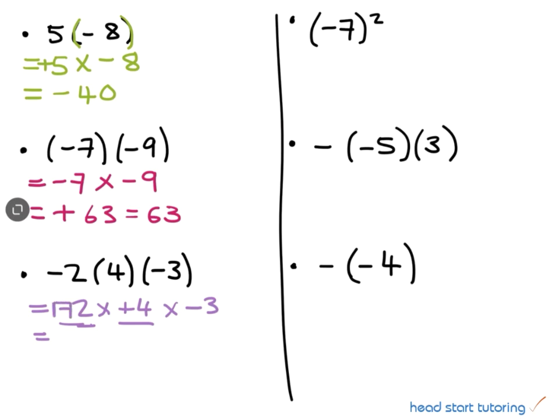Well, a negative multiplied by a positive is a negative, and 2 multiplied by 4 is 8. And then we multiply that by negative 3, and we end up with a negative multiplied by a negative, which is equal to a positive. And 8 multiplied by 3 is equal to 24. So we end up with an answer of positive 24, or just 24.